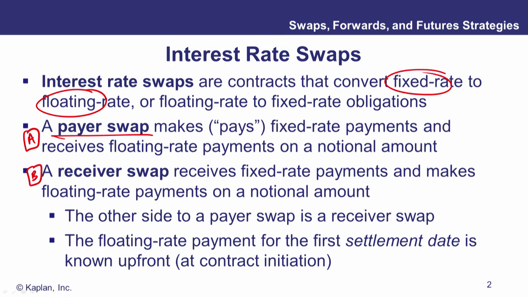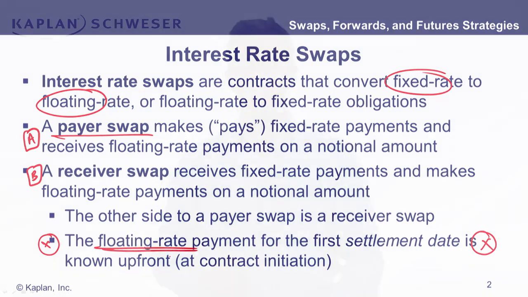Now, here's a crucial thing with swaps. You'll have realized this at previous levels, but let's just re-emphasize it. That floating rate payment, whilst it changes every period, it's actually known at the outset of the period and then paid in arrears, paid at the end of the period. Why is that?